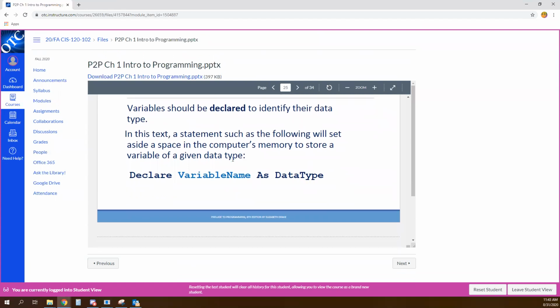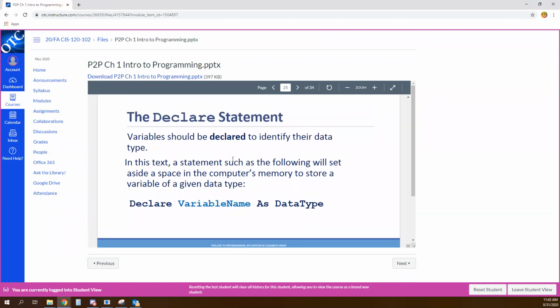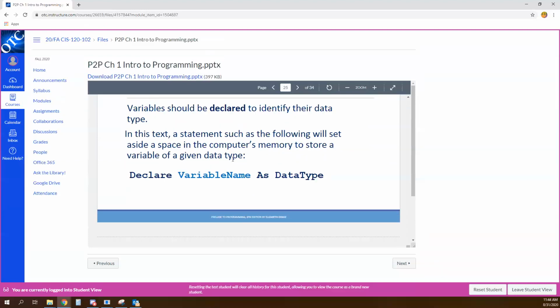So when we're working with pseudocode, we can use the declare statement to do that. So I can say at the beginning of my pseudocode, I'm going to need these three variables to figure out my algorithm. So I'm going to declare them. I'm going to declare variable 1 as a string, variable 2 as an integer, whatever I need. But this is the pseudocode that I'm going to use to do that.